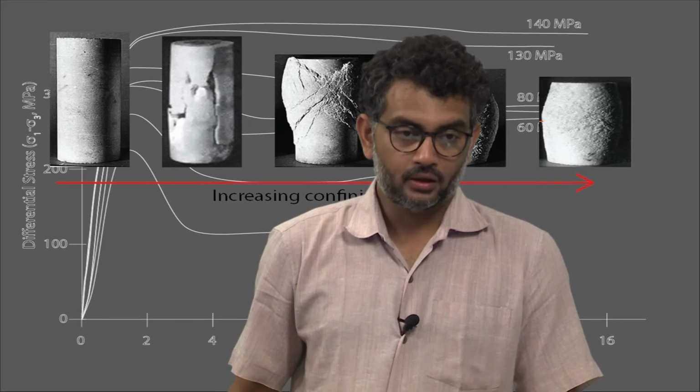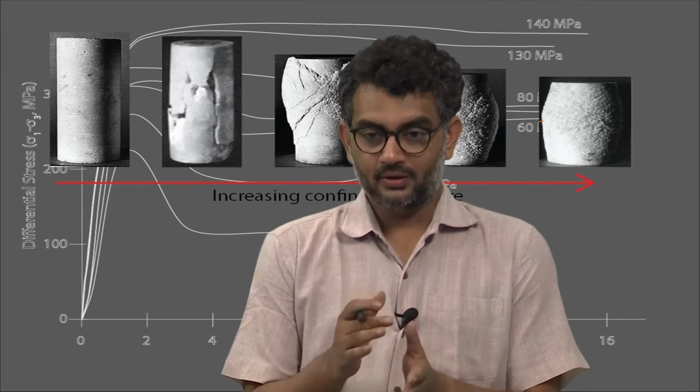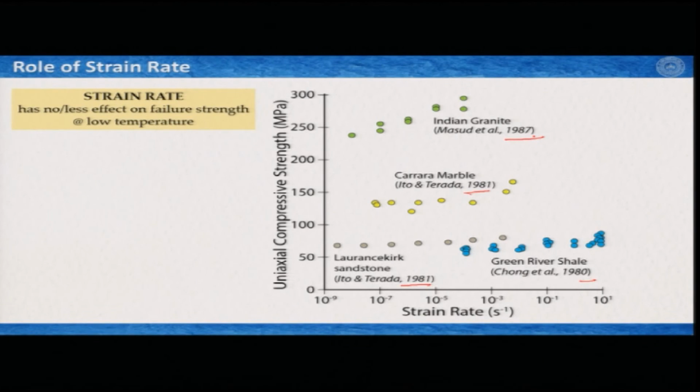But people also run experiments at room temperature or at low temperature. Again, these are pretty old experiments, but here we see that with increasing strain rate, the strength of the rocks is not increasing the way we saw with the Yule marble.